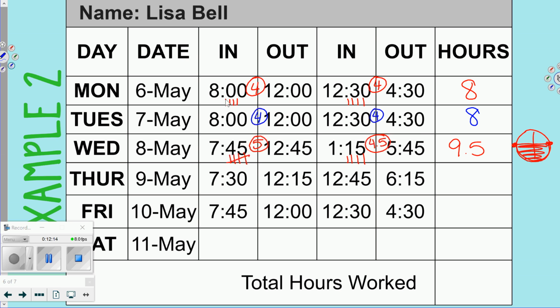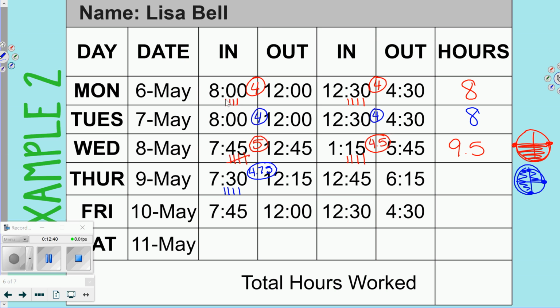All right, Thursday. So 7:30, 8:30, 9:30, 10:30, 11:30. And look at your clock. I'm going from the 30, trying to get to the 15. So I am coloring in 3/4. So that would be 4.75.